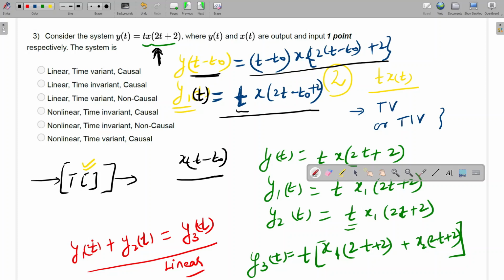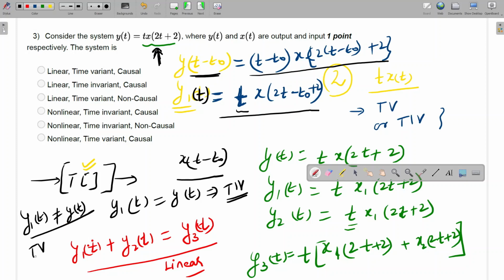Again in this, t is multiplied by 2, so I'm multiplying 2 here and adding 2 here. If y1 of t is equal to y of t minus t naught, then it will be time invariant, TIV. If y1 of t is not equal to y of t minus t naught, then it will be time variant.